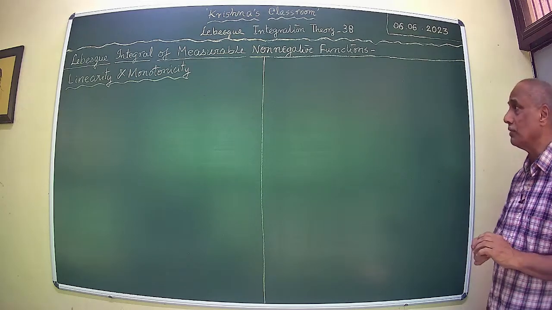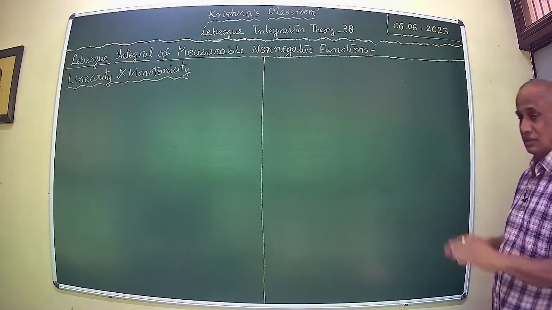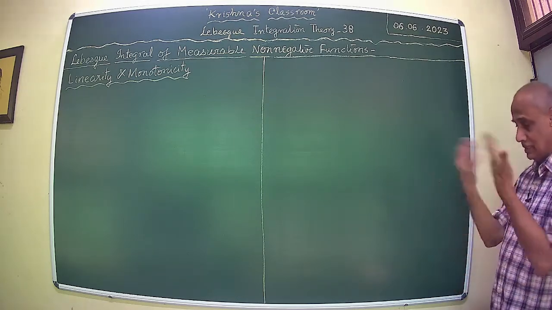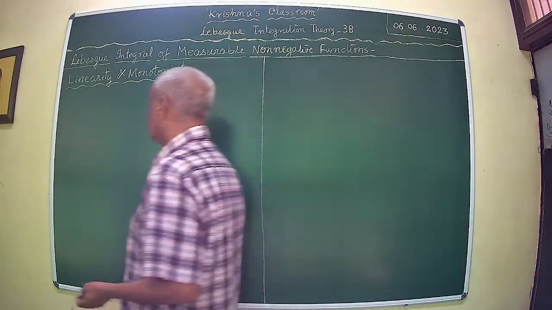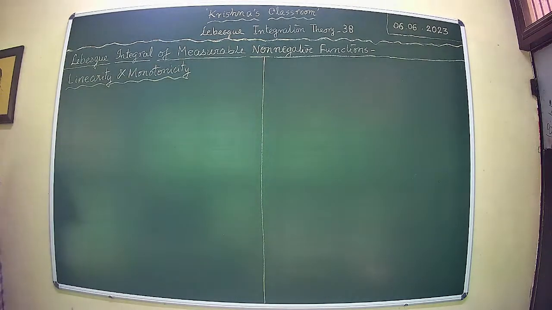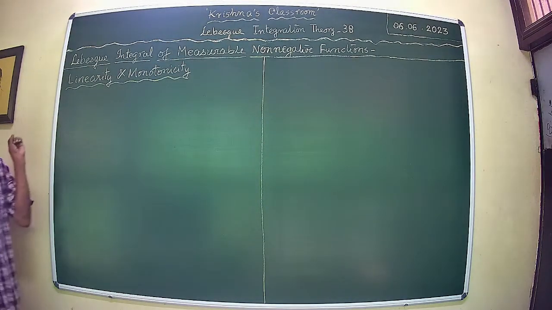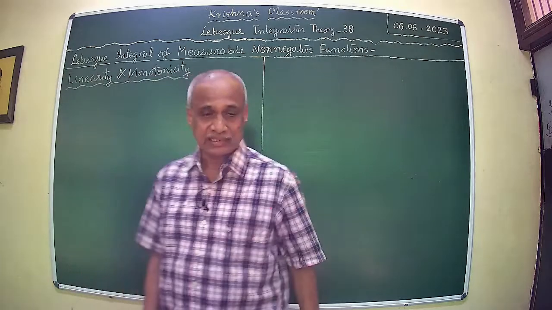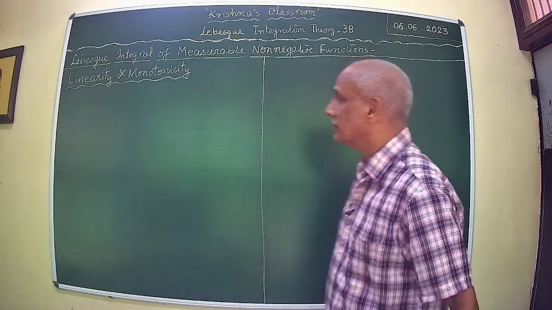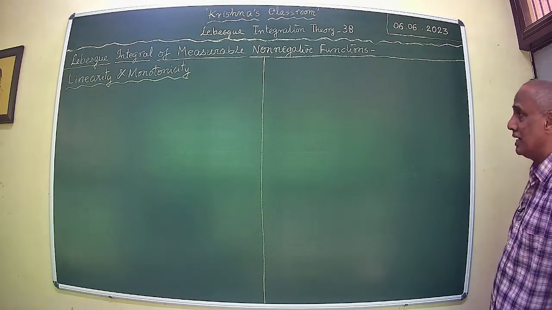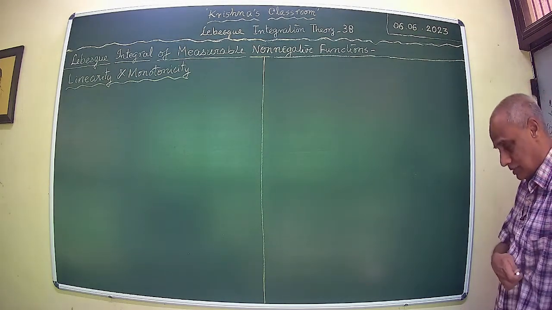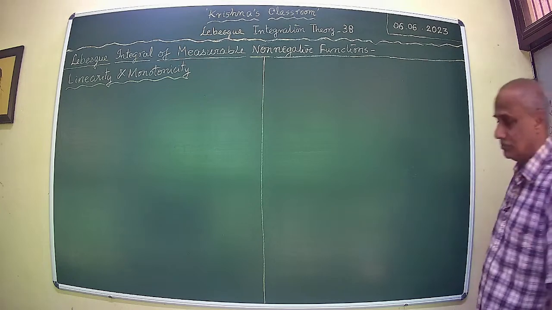And this is what we have introduced in the last couple of lectures and explored. And now what we are doing is looking at some of the properties, especially the linearity and monotonicity properties of this integral.